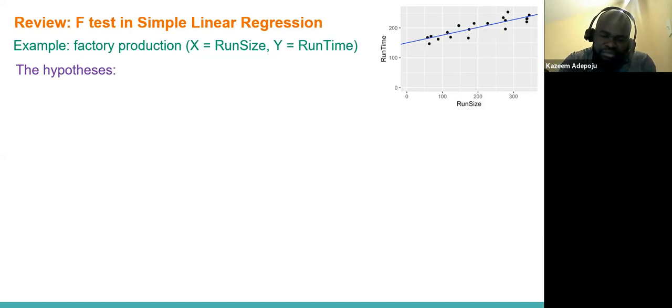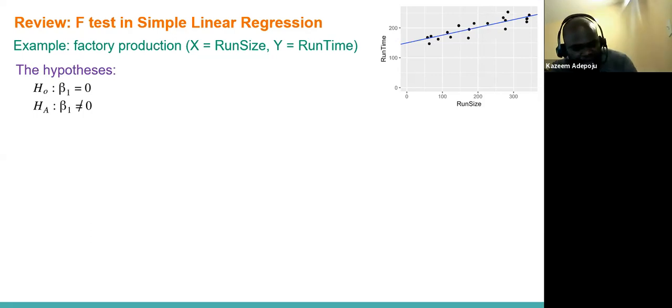So the hypothesis under investigation is that if I have a simple linear regression model between the response and the predictor, where the response is run time and the predictor is run size, the model I'm going to have is y equal to beta naught plus beta 1 x.